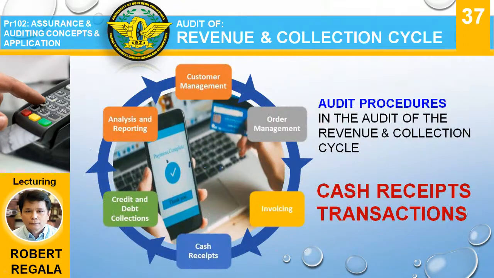Slide 37. We shall now discuss the audit procedures related to the third and last phase of the revenue cycle, the cash receipts transactions. Cash receipts transactions include number 1, receiving mail receipts, number 2, receiving over-the-counter receipts, number 3, aggregating total cash received, number 4, depositing cash in bank.